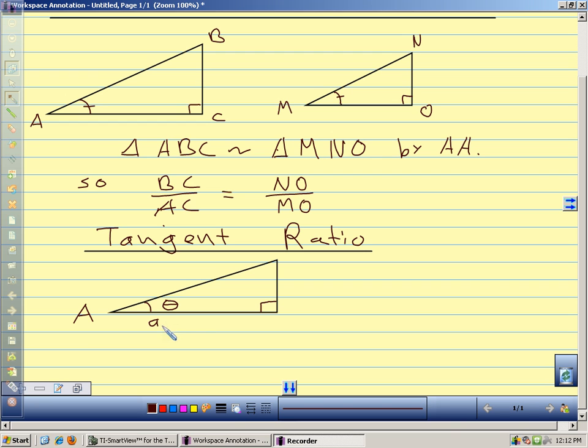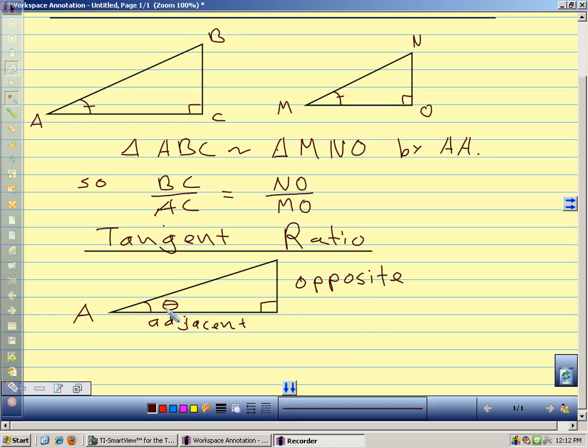This side is adjacent to theta, which just means it's next to. And this side we call the opposite side because it's across from theta.